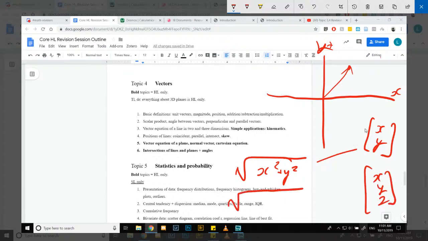So you would use the square root of x squared plus y squared plus z squared, which I think is really cool, that you just add a z squared term in there. So that's the 3-dimensional length of any vector x, y, z. I think this is also in your formula booklet, so you shouldn't have much of a concern with that.